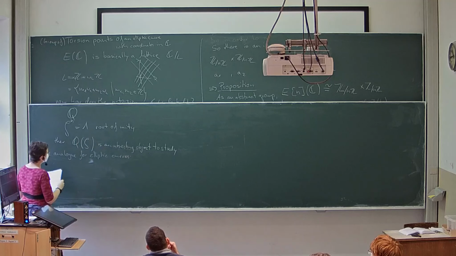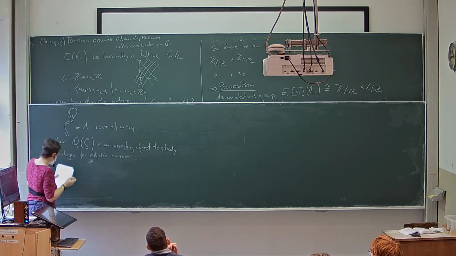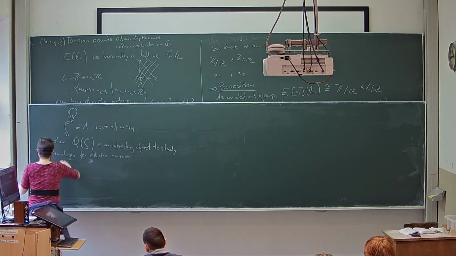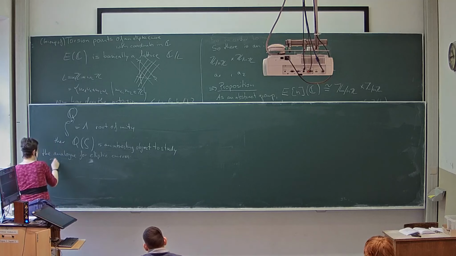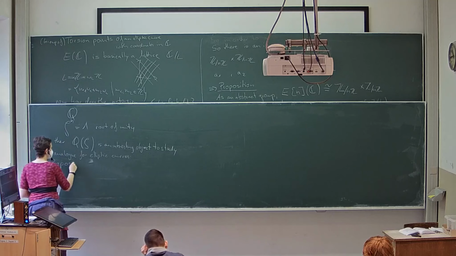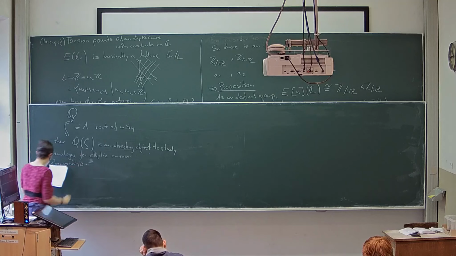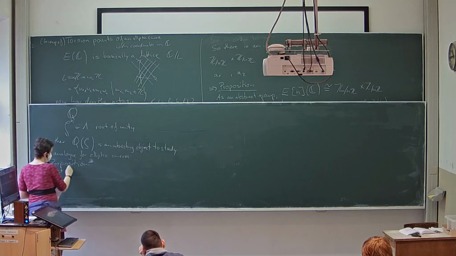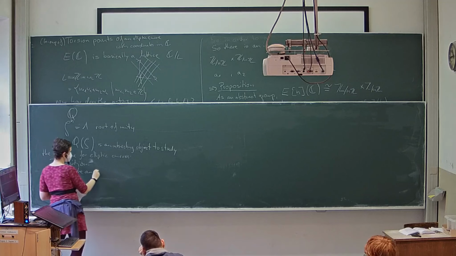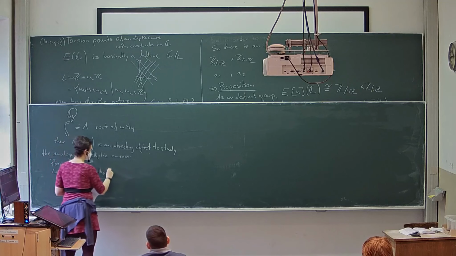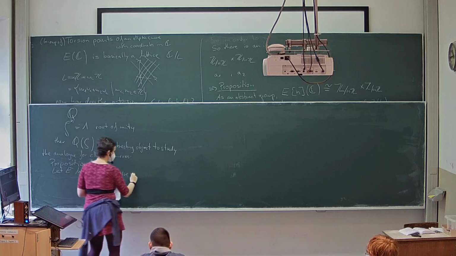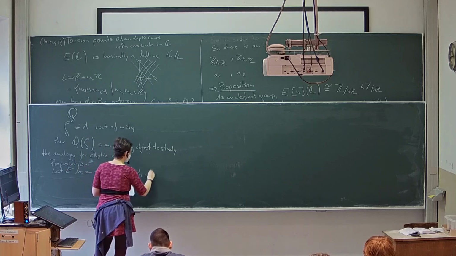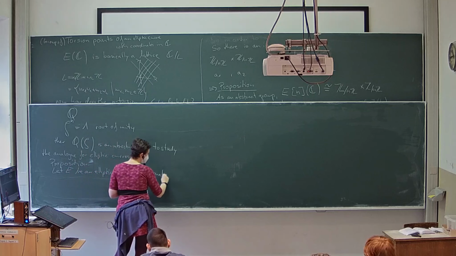The analog for elliptic curves we just define in the proposition. So let E be an elliptic curve with rational coefficients.